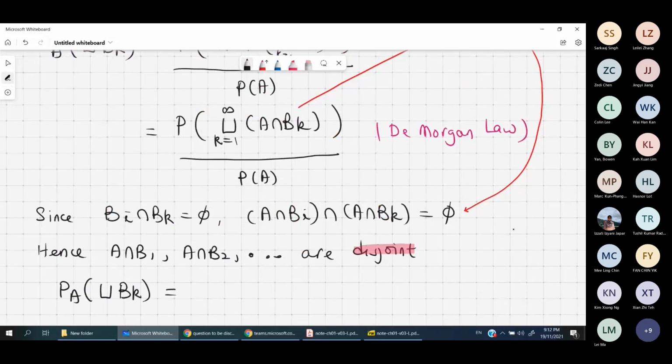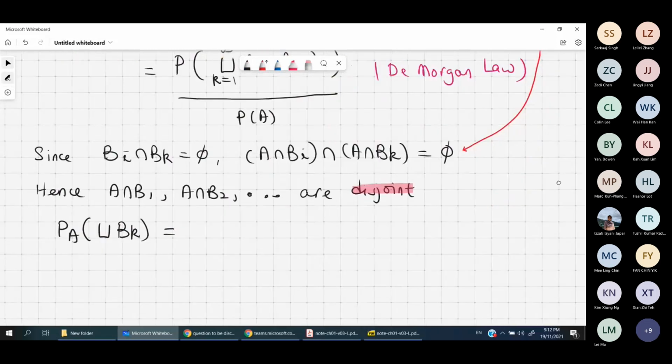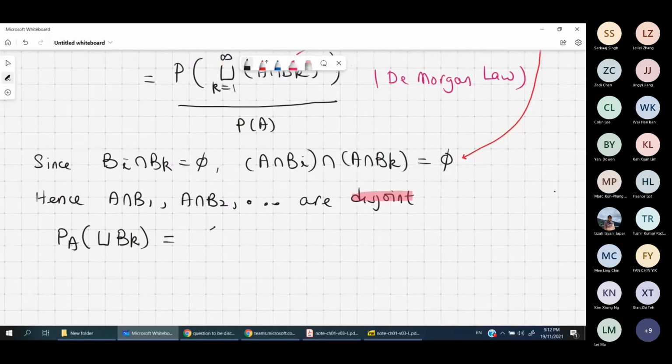If this is disjoint, it can be written as a sum, summating P(A and B_k). Now let's say I change color. We're just looking at this part only: P(A and B_k), maybe together with this over P(A).